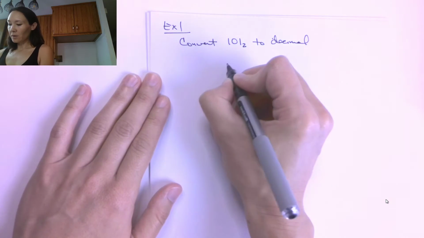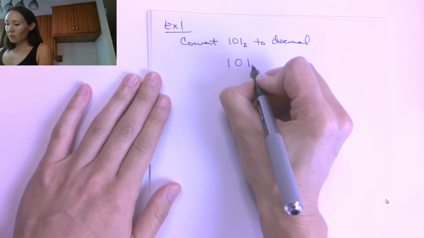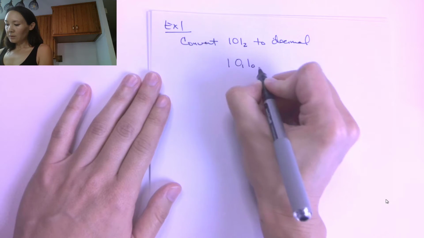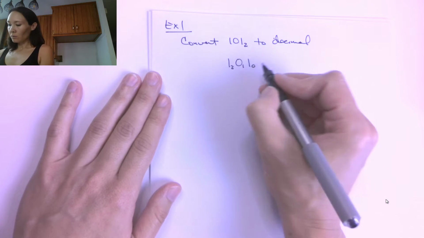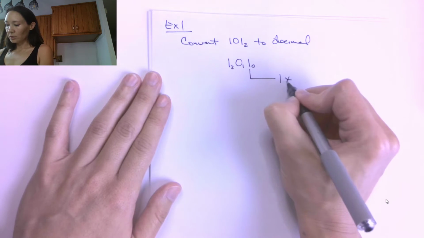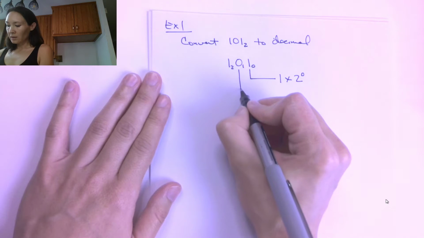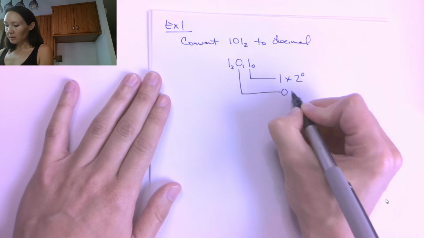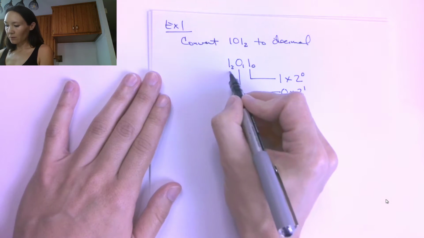Okay, the first step, we write out the digits of our binary number with placeholder subscripts. And then we take the first 1 here, multiply it by 2 to the 0 because 0 is the subscript on the 1. Then we take the next digit, 0, multiply by 2 to the first because 1 is the subscript on the 0.